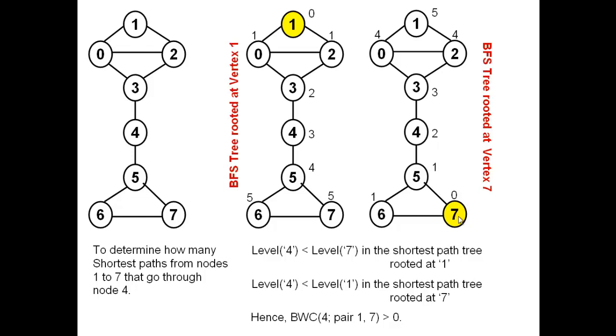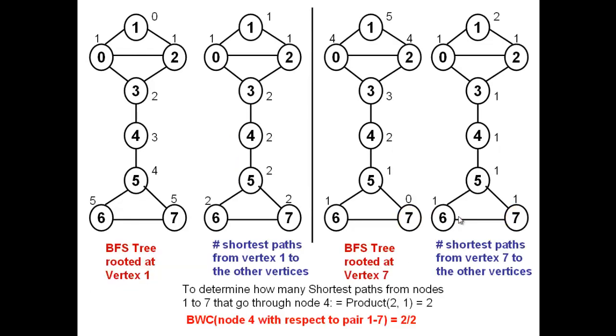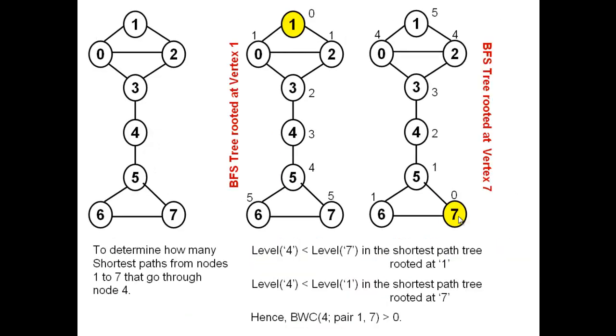So the level number condition is indeed satisfied. Okay, so now we can get all these fractions, sum them up, and that will be betweenness centrality of vertex 4.